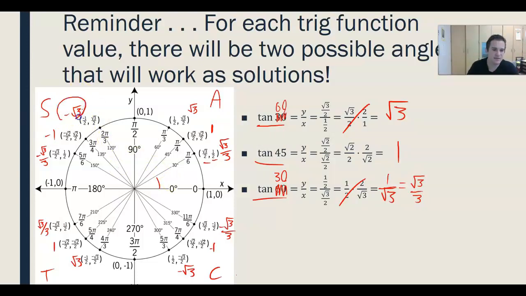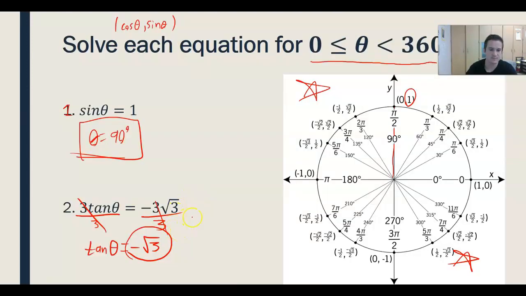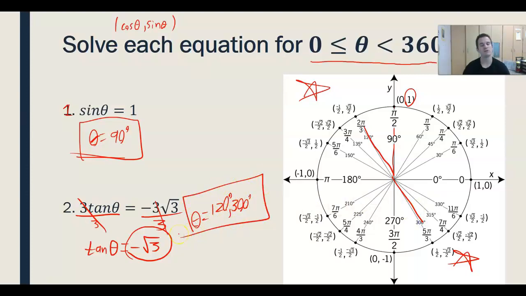But here I have tangent being the negative square root of 3. And here I have tangent negative square root of 3. So notice how they're directly across from each other. So my two angles, for which the tangent of those angles would be negative square root of 3, are 120 degrees and 300 degrees. So theta is equal to 120 degrees or 300 degrees. Those are my two possible solutions for which the tangent of those angles would be negative square root of 3.